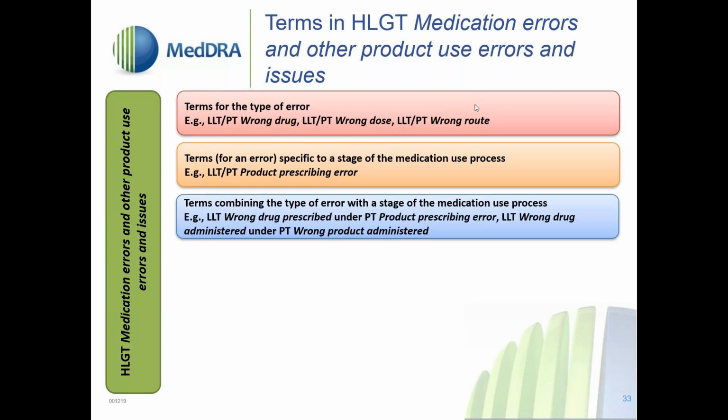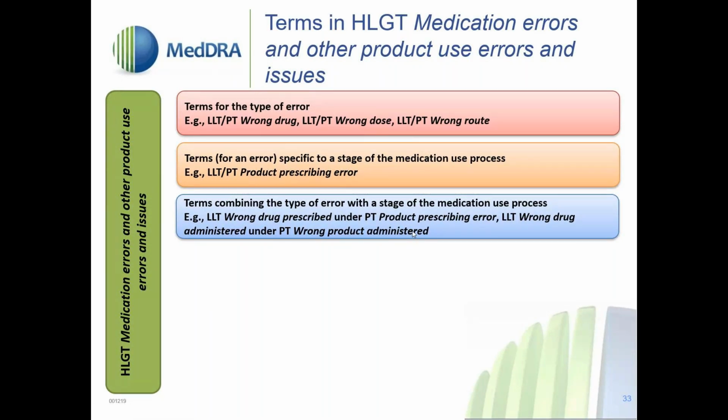Other terms combine the type of error with a stage in the medication use process, so combination terms. Some reside under a more general PT, others are represented on PT level, as you can see in this example here. Wrong drug prescribed is grouped under PT product prescribing error, whereas wrong drug administered is grouped under PT wrong product administered.